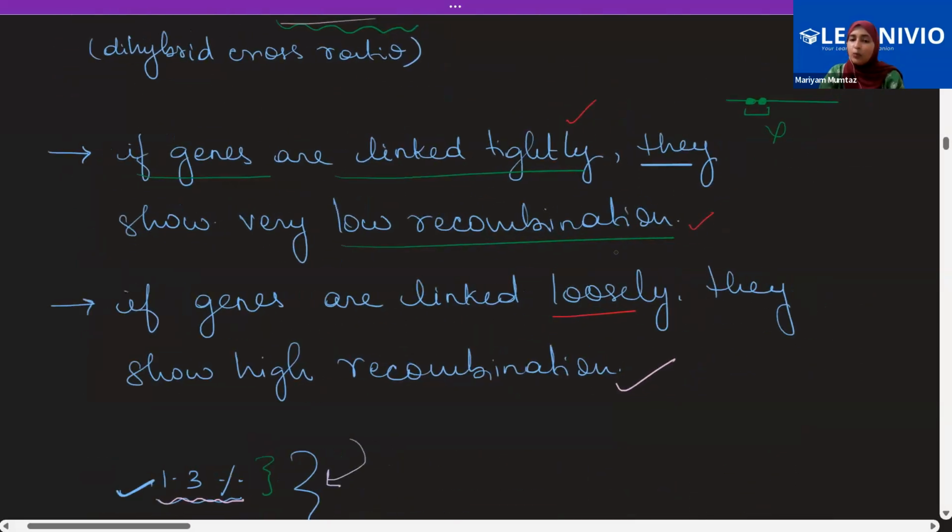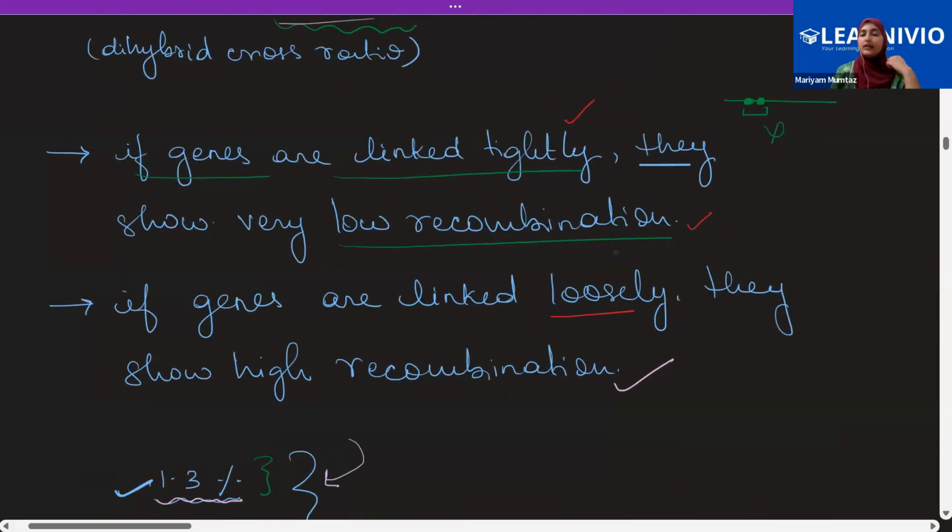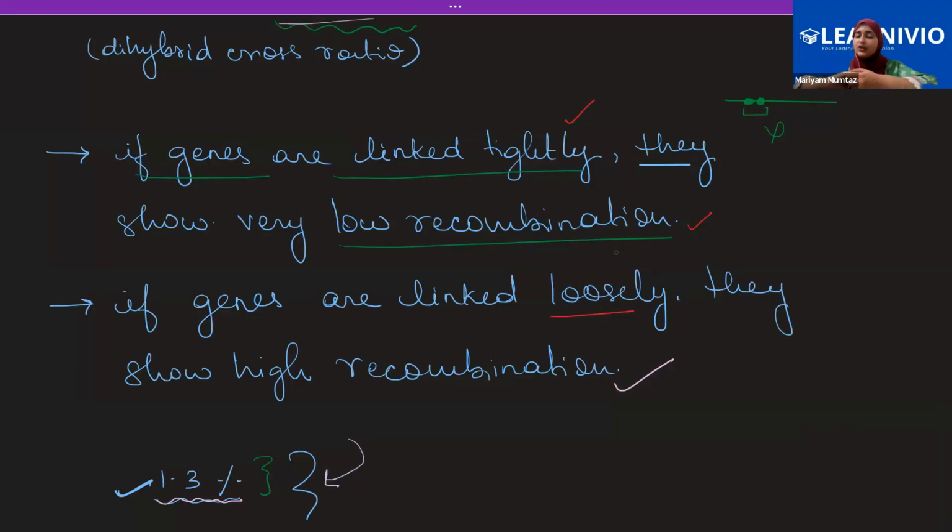So remember why: if the genes are very, very tightly linked on the chromosome, then they will show very low recombination, meaning they will not get exchanged very easily. Imagine they're so tightly fixed that they're not moving. But if the genes are loosely located, then it will show high recombination.